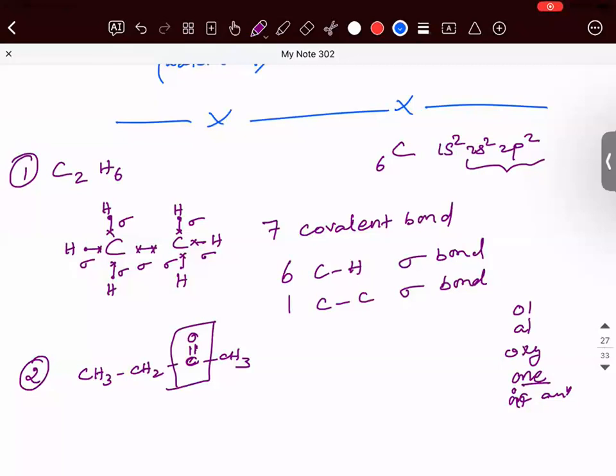For ironing clothes also they used the same. Now we use electric current to iron clothes, but earlier they used only coals because of incomplete combustion. That's why we get the black end. The black deposit is carbon that settles down.